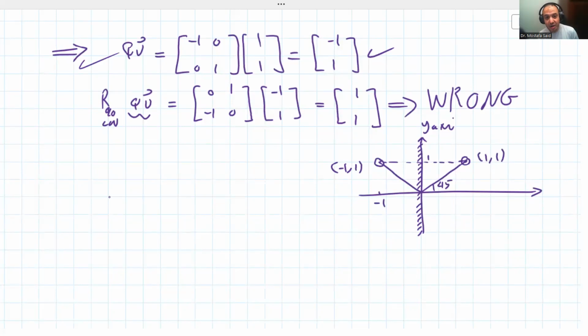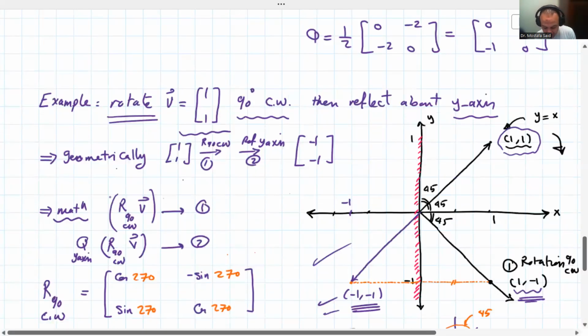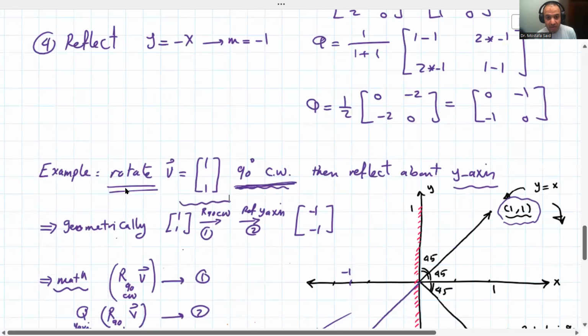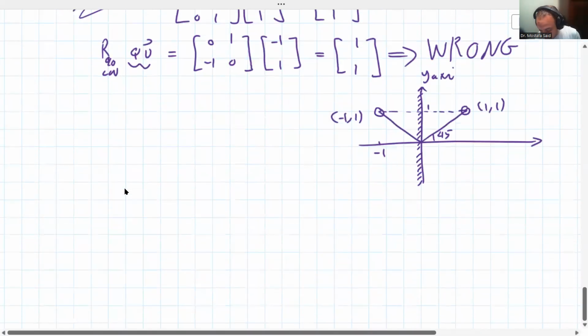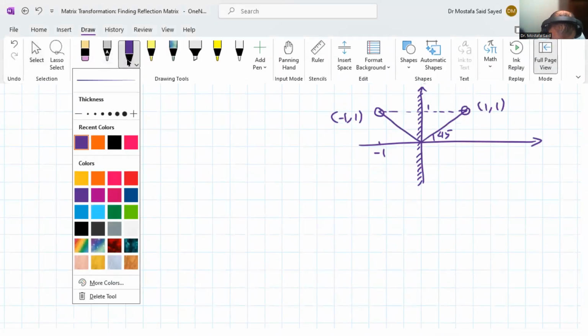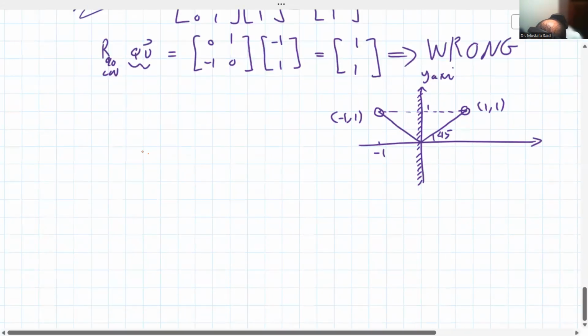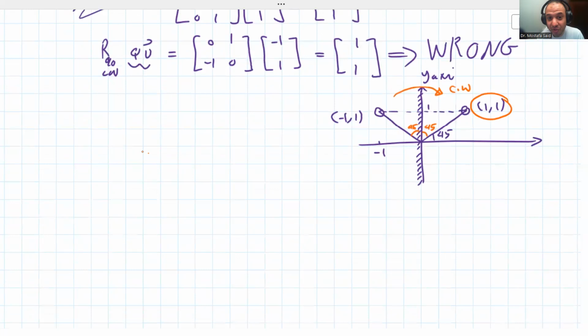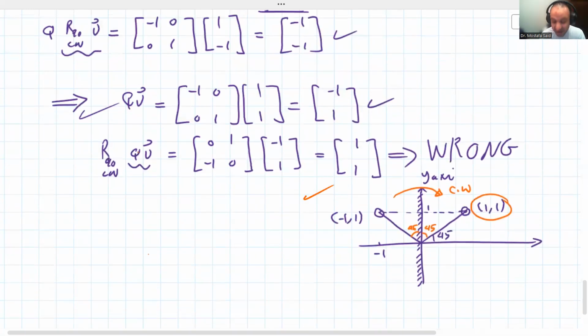And then we rotate 90 degrees clockwise because the question said so. Let's do the rotation now with another color. We move in that direction clockwise, another 45, and we get back to the same original position, 1, 1.